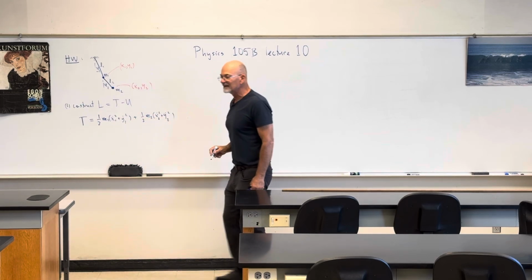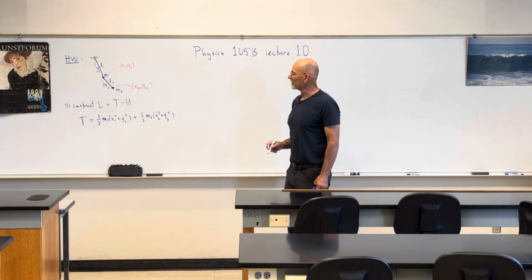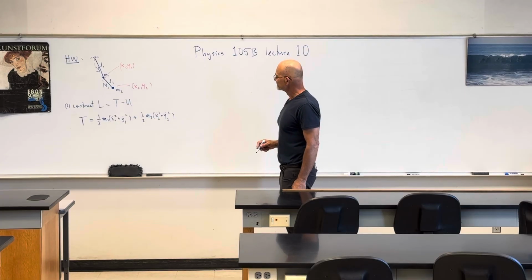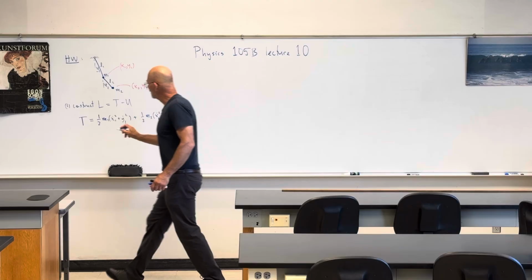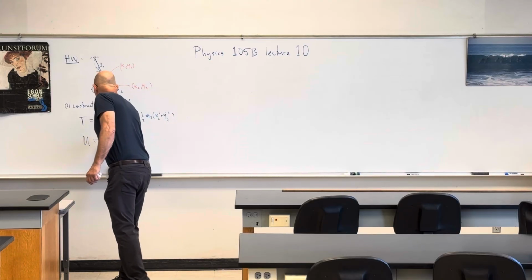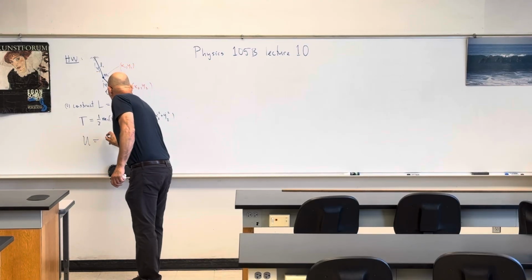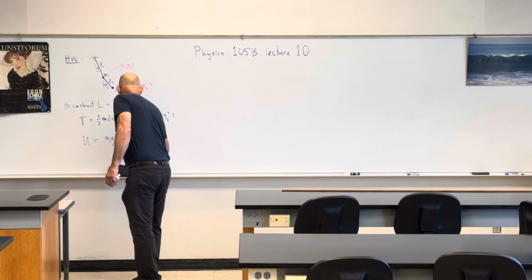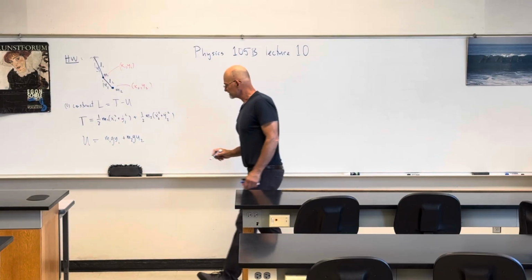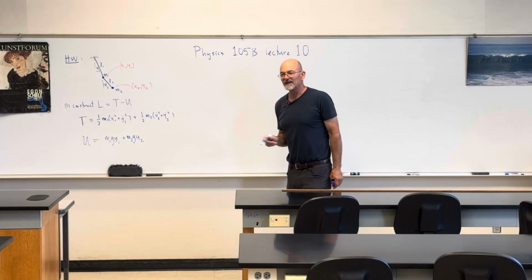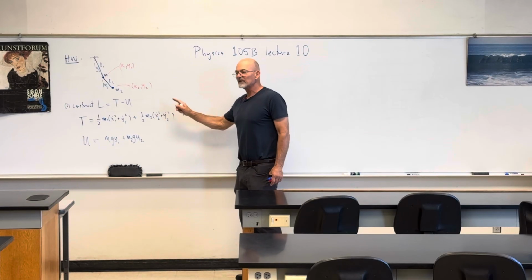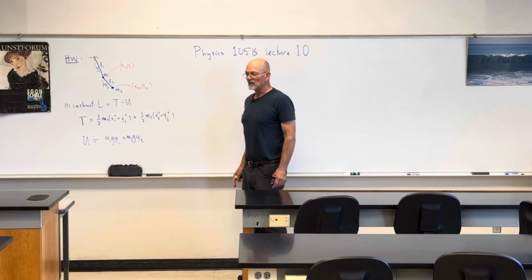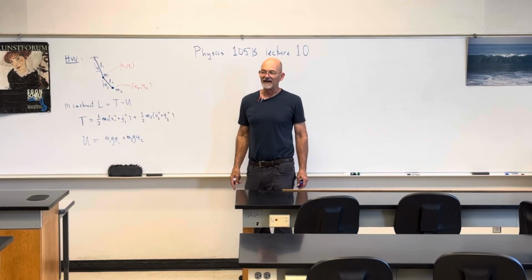But those are just the individual kinetic energies, half m v squared. And U is just going to be m1 g y1 plus m2 g y2. So those may be kinetic and potential energies, but these coordinates are not independent. So we can't use that for a Lagrangian yet.